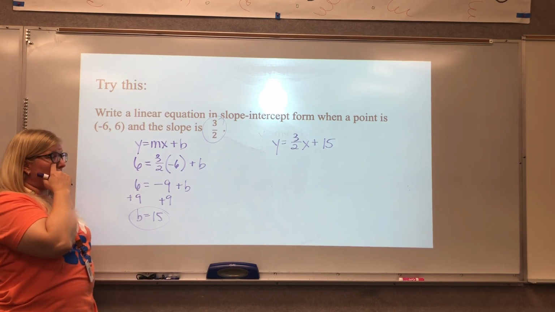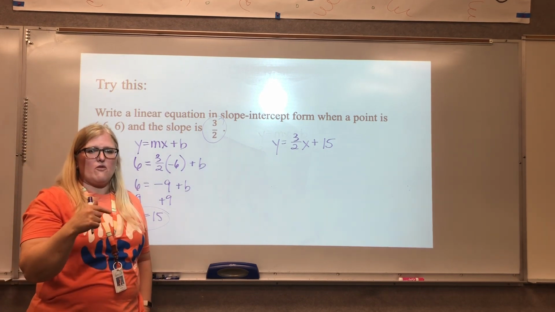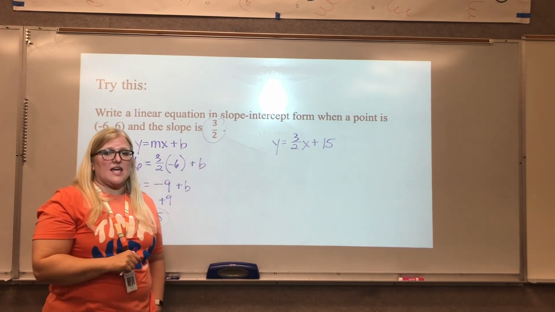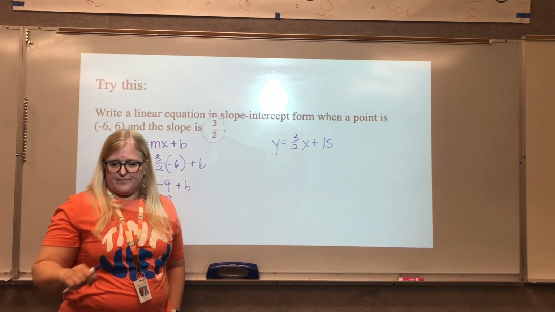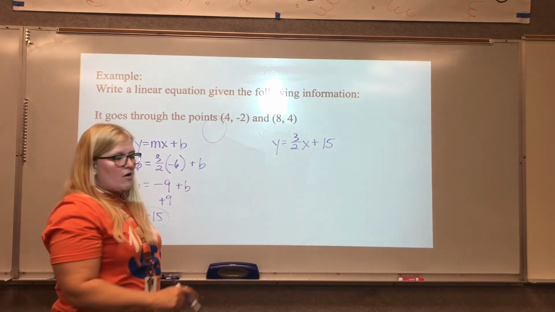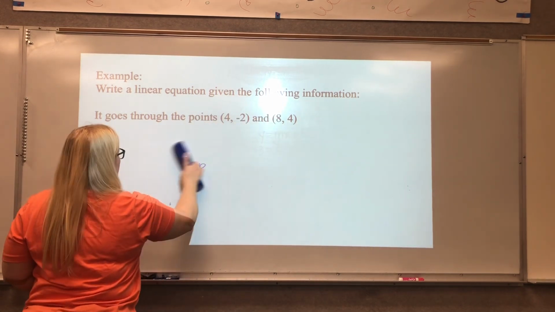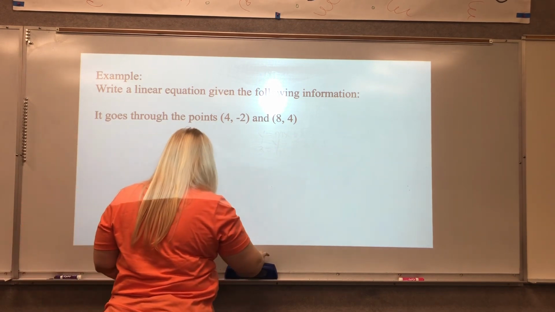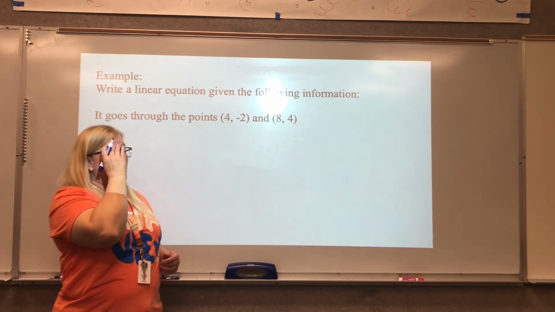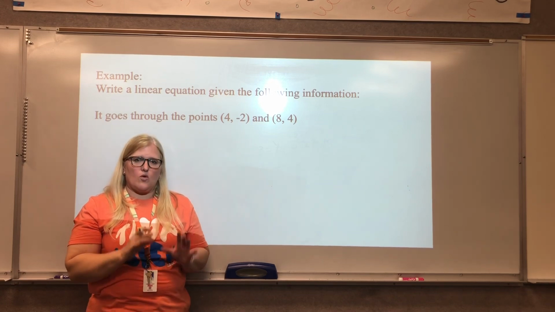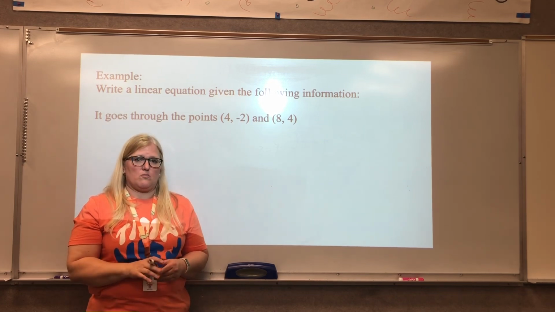Now if you did it the other way, if you used the point-slope form, and then you distributed and got y by itself, you should still get this same equation. All right, so now we have an example when we're just given 2 points. The thing that you've got to remember is that you cannot write a linear equation without the slope.